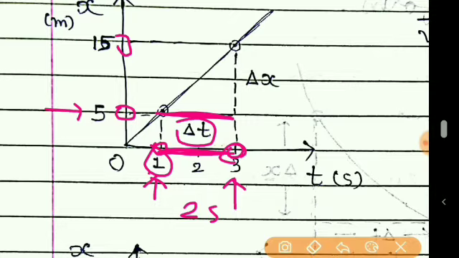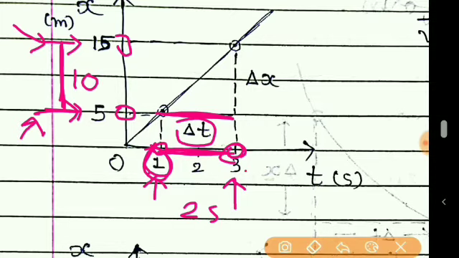So here this is the final position at 3rd second, and this is the initial position at 1st second. So difference in this position can be taken as final minus initial, and so 15 minus 5 is 10. So it is 10 meter.